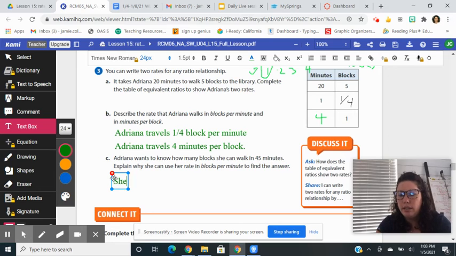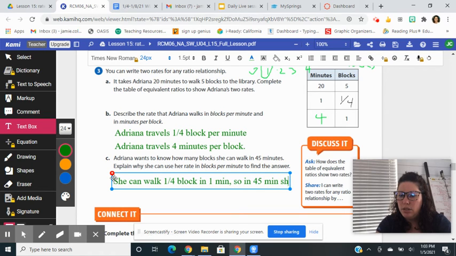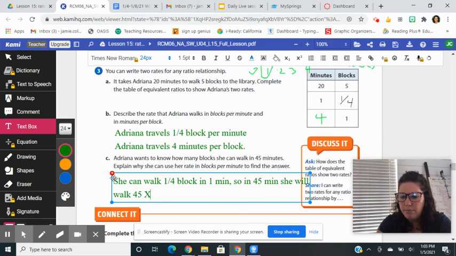She can walk 1/4 block in 1 minute. So in 45 minutes, she will walk, and that would be 45 times 1/4, which equals, there we go.